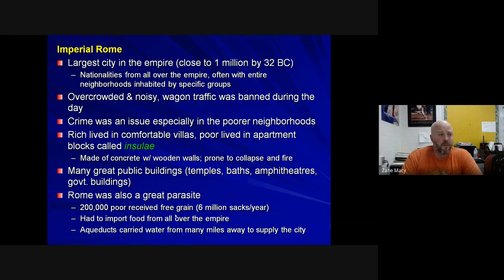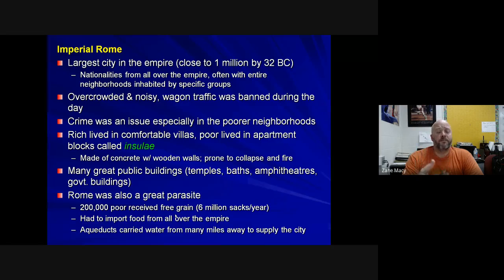Like I said, the Republic and the imperial governments had welfare programs where people were given free grain. Rome itself went through 6 million sacks of wheat, of different grains a year. And in a lot of cases they consumed so much grain that it had to be imported in from the far extents of the empire to Rome just to keep the city running.